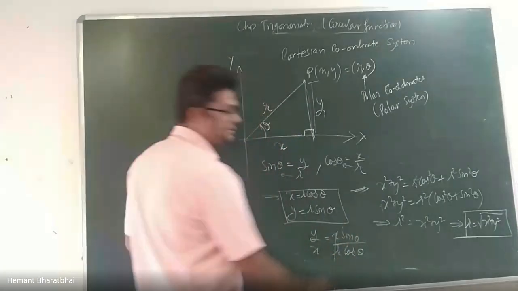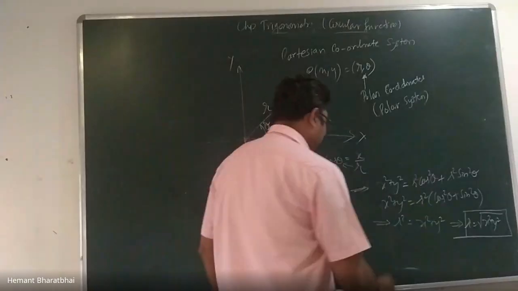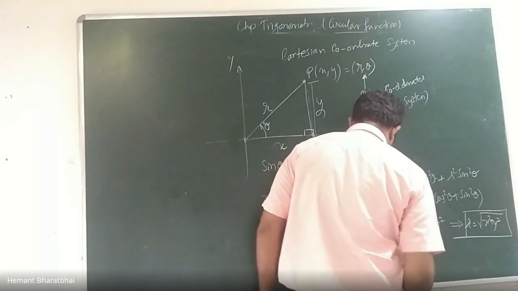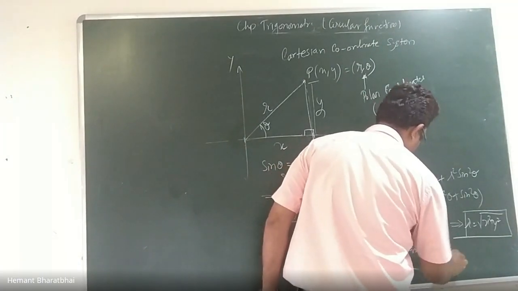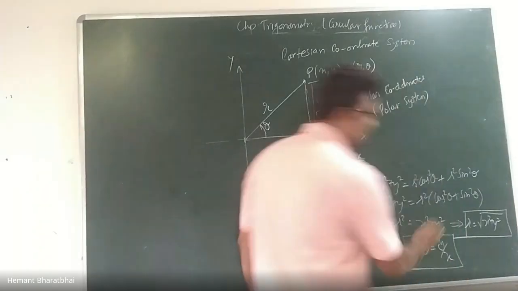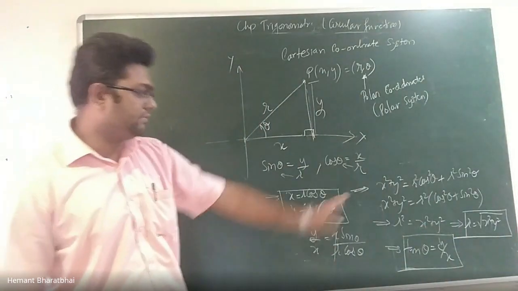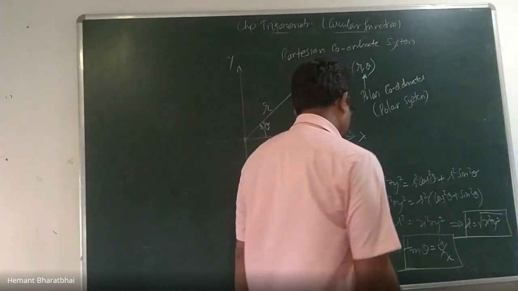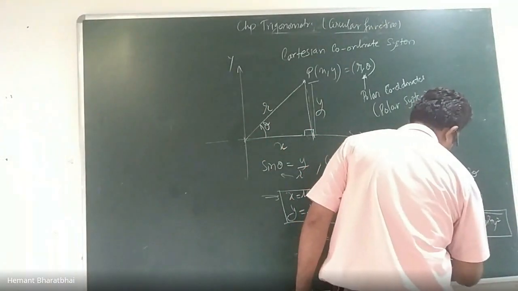So r gets cancelled, sin theta by cos theta is tan theta. So from here I'll get tan of theta is equal to y upon x. When I substitute the value of y and x in this, I'll get the value of theta. So this is for conversion into polar.